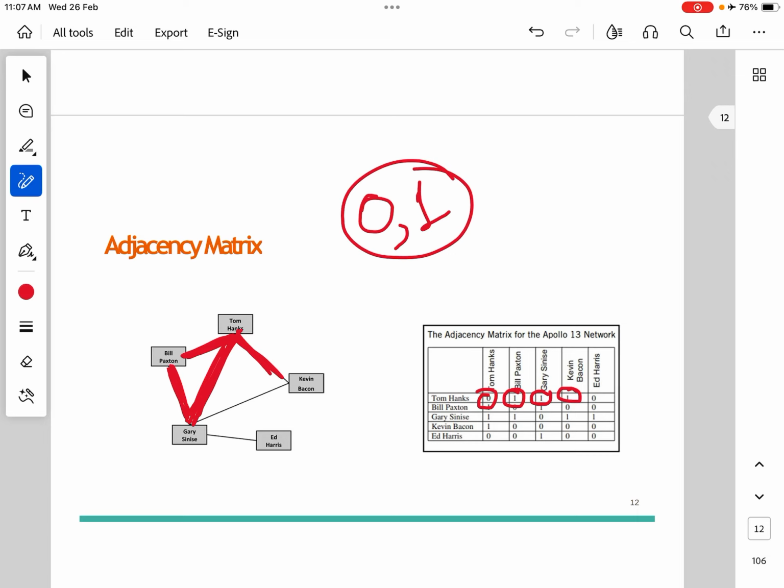Gary, comma, Bill, there is, so it will be 1. Then Gary, comma, Gary is 0. Gary, comma, Kevin is there, so 1. Gary, comma, Ed is also there, so 1. Then Kevin, comma, Tom, there is, so here again 1 has come. Then Kevin, comma, Bill, there is nothing, so 0. Kevin, comma, Gary, there is nothing, so 0. Kevin, comma, Kevin, there is nothing.